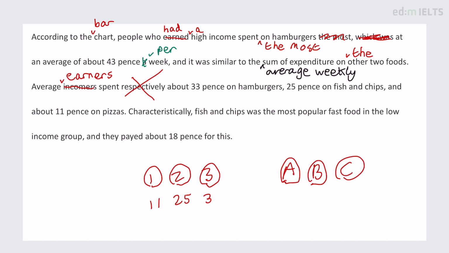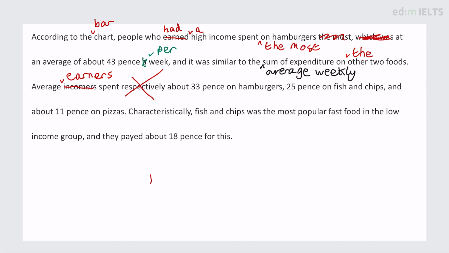So respectively is used incorrectly here. Should put all the figures first, and then all the names of the fast food items. But again, just to remind you, it looks a bit weird to me having the highest first and the smallest last. Do it the other way.